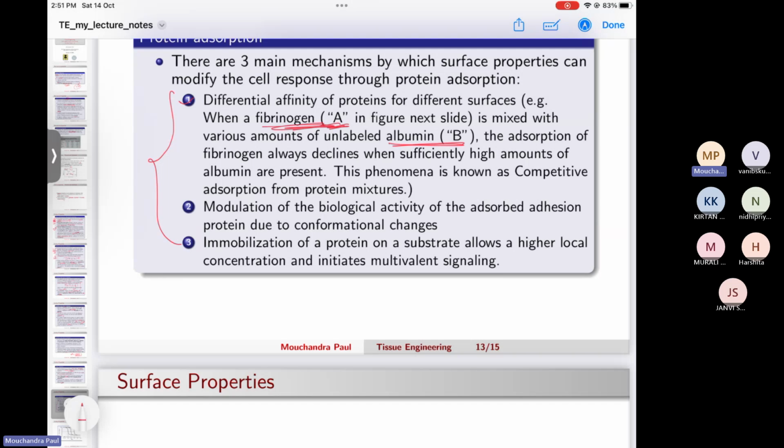What they observed is that the tendency of fibrinogen to adsorb on a particular surface always declines when a large amount of albumin is present. So a large amount of albumin is hindering how much fibrinogen can adsorb on a surface. There is basically a competitiveness between fibrinogen and albumin. They are competing for space and then subsequently adsorb on the surface.